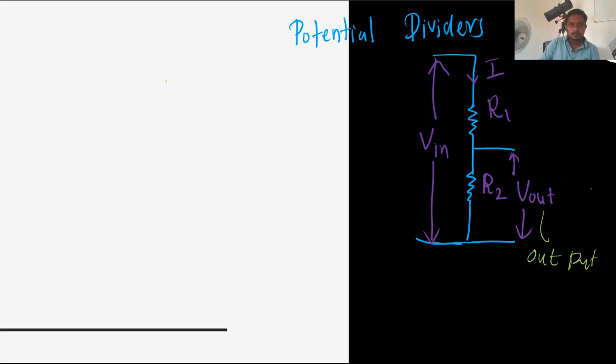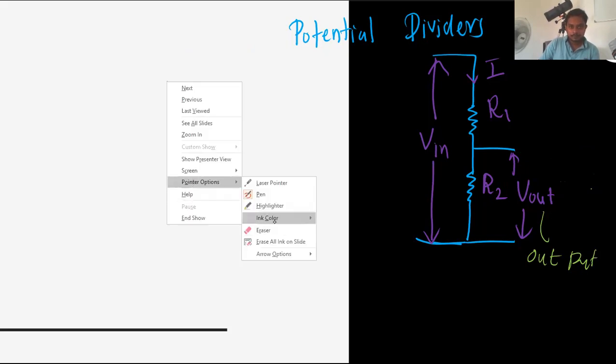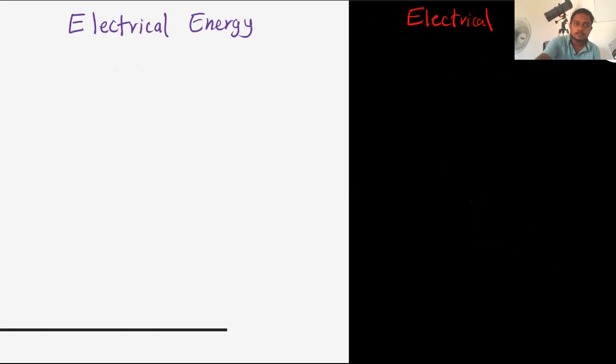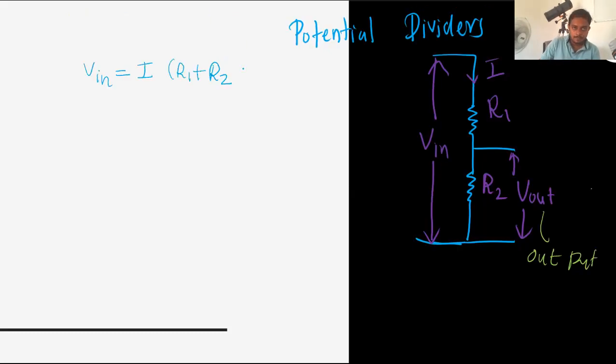Here I'll start with Ohm's law. Here we can have V in is equal to I times both of the resistors, R1 plus R2.